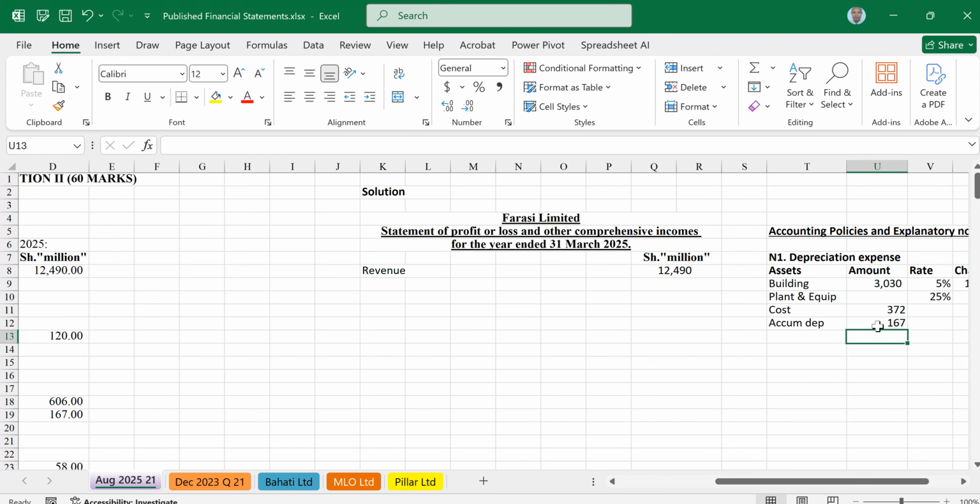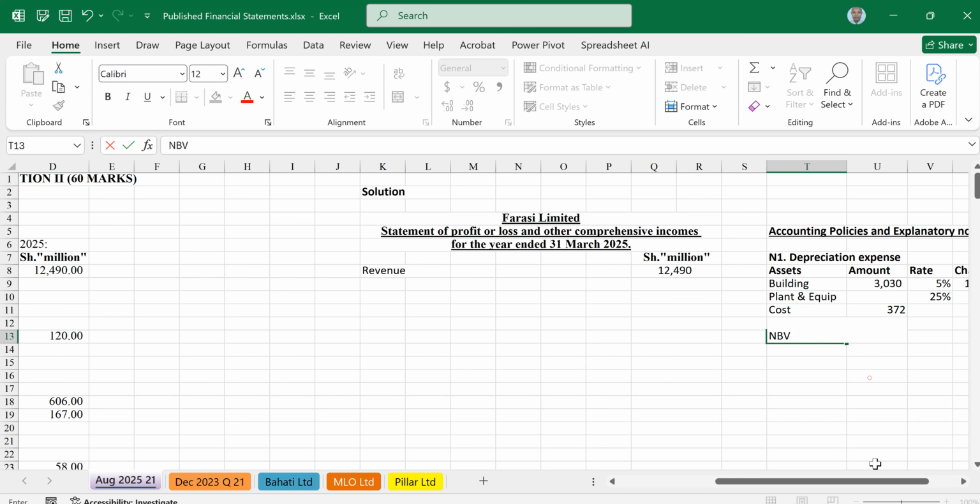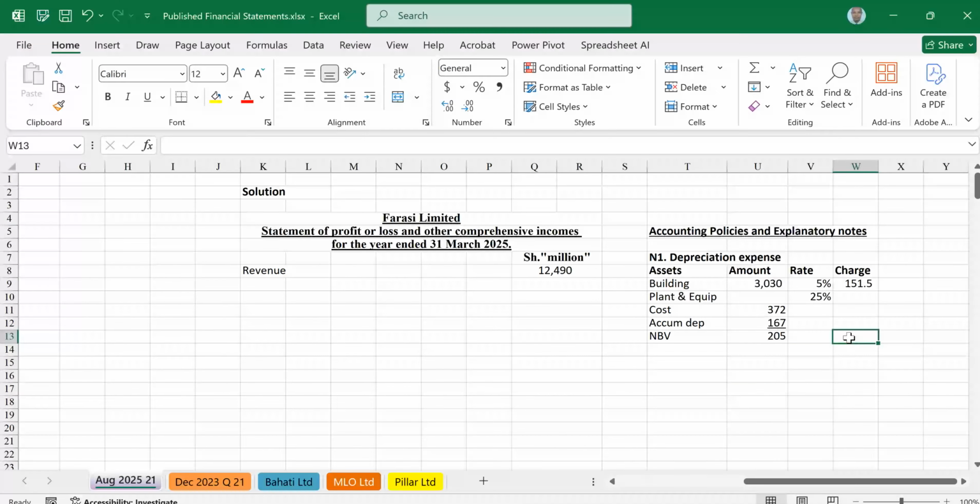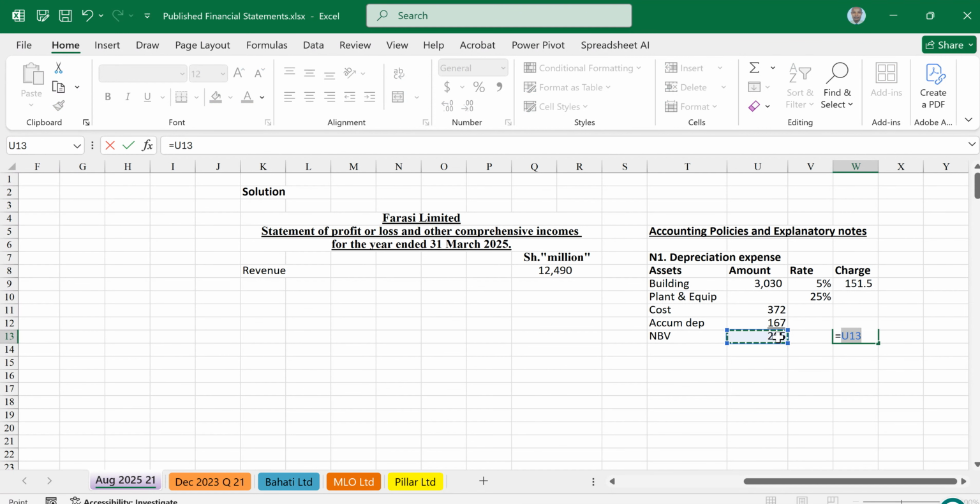The net book value would be the first one minus the accumulated depreciation, 205. Now, because they said we use reducing balance method, what is depreciation? 205 times 25%.